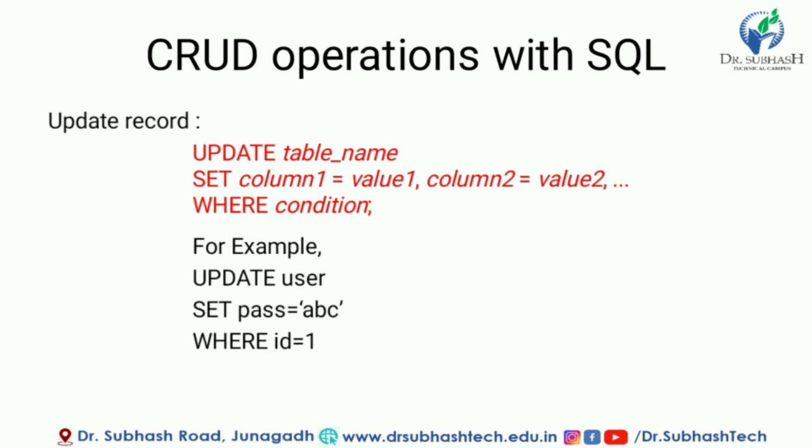There will be an update in the user table. What will be updated? Password equal to ABC. Where will we update? Where id equal to 1. This means that where id equal to 1 in the user table, set the password equal to ABC. So by using this query, we can update the existing data.